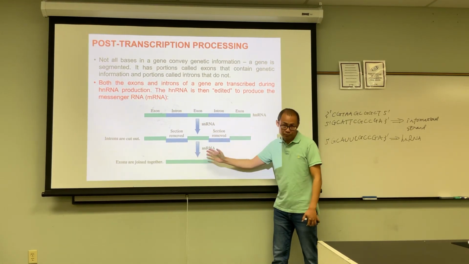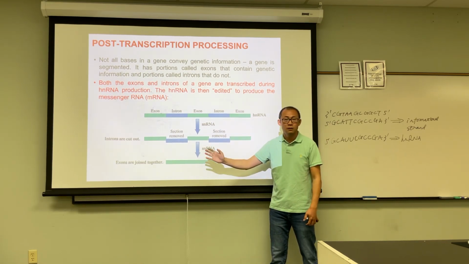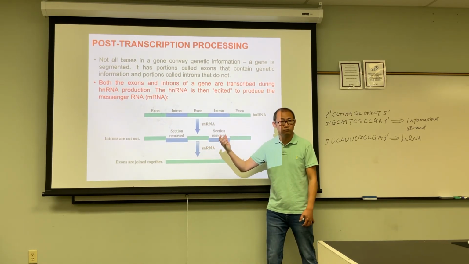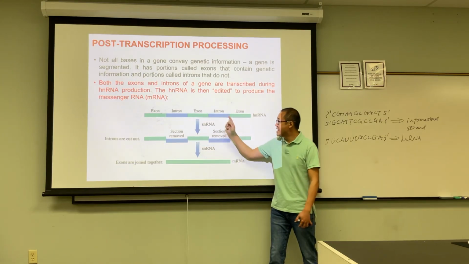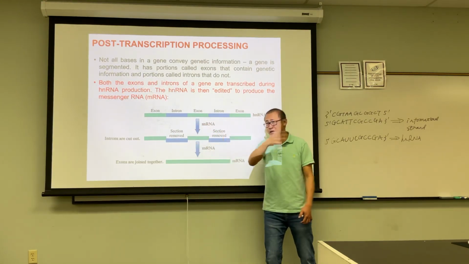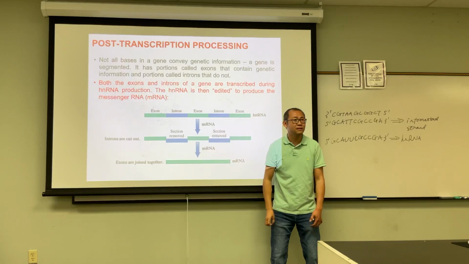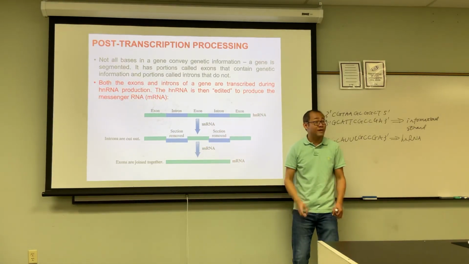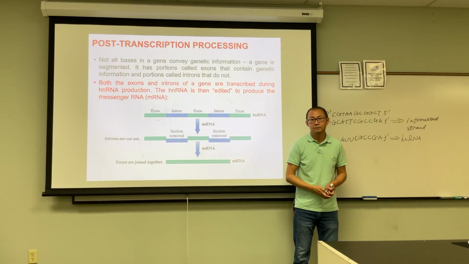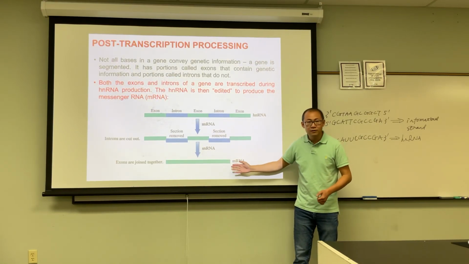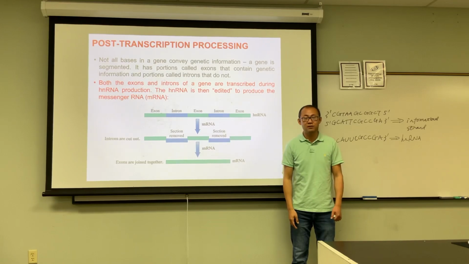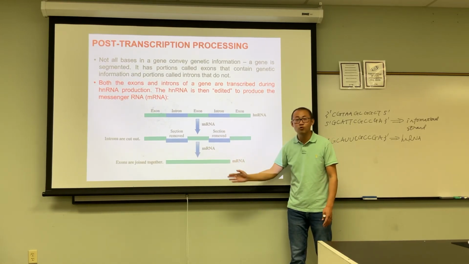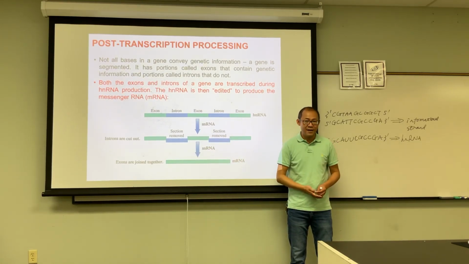During post-transcriptional modification, the introns will be cut off, taken away, and the exons will be joined together. After the exons join together, you get a mature RNA product.